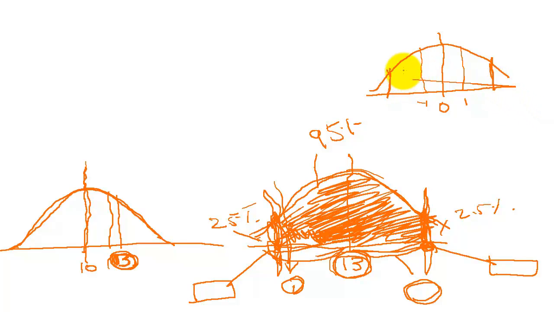Okay, to cover 95% means we need to look at the 5%, critical value equals 0.5 for two-tailed. That way we know these two values.